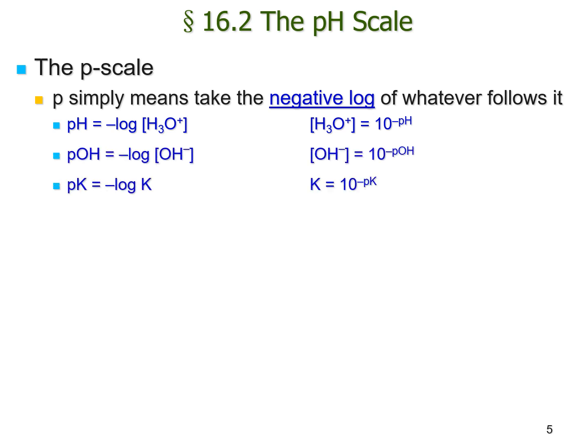Or we can use pOH, which is the negative log of hydroxide. That means if we want to have the concentration of hydroxide back, all we have to do is attend to the negative pOH. And then we can have a pK. pK means negative log of K, the equilibrium constant.